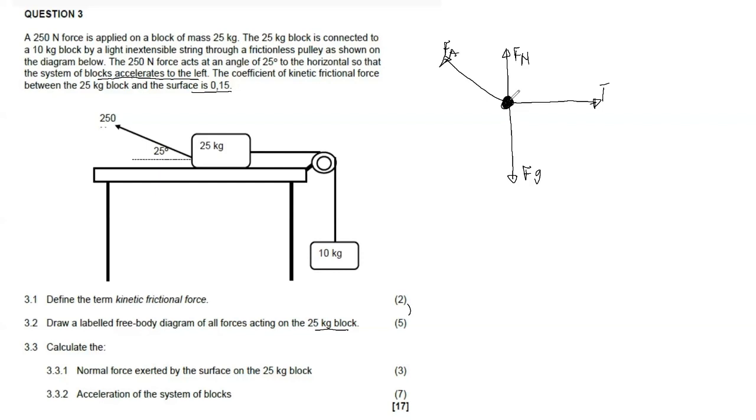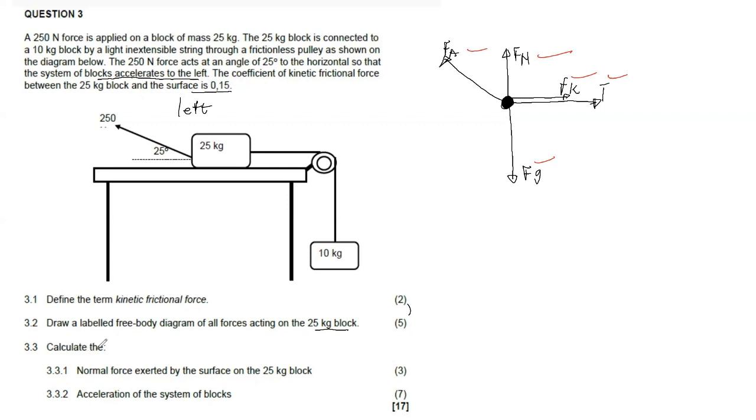And then still in the direction of the tension, remember, this block is accelerating to the left. Therefore, we know that the kinetic frictional force will have to go to the right, since it's opposing the motion of the object, right? So now we have our forces like that, 5 of them for 5 marks, 1, 2, 3, 4, 5. And then that's correct.